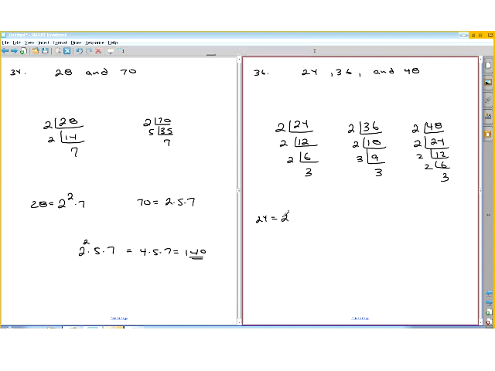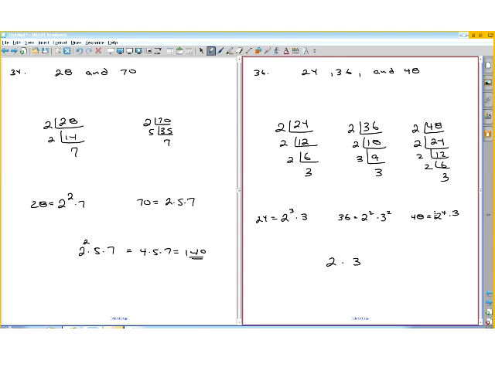Let's write these out. 24 is equal to 2 cubed, because we have 2 times 2 times 2, times 3. 36 is equal to 2 squared times 3 squared, and 48 is equal to 2 to the 4th, because we have 1, 2, 3, 4 twos, times 3. So the only thing we have are 2's and 3's here.